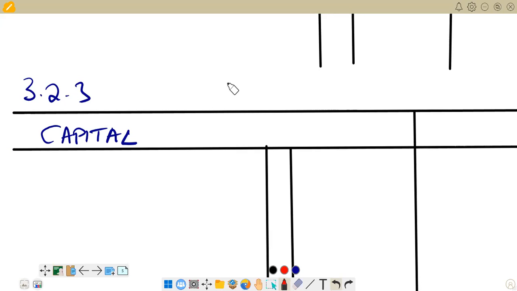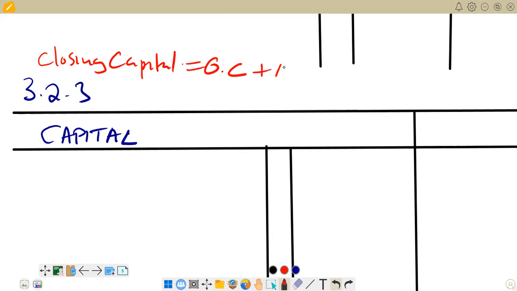So you see that in the capital note, the formula that we are going to employ there is that we are going to say closing capital is equal to opening capital. We add net profit for the year. We subtract drawings so that we get our closing capital. So this is our formula. That's why we are going to start with opening capital here. That is our balance at the beginning of the year.